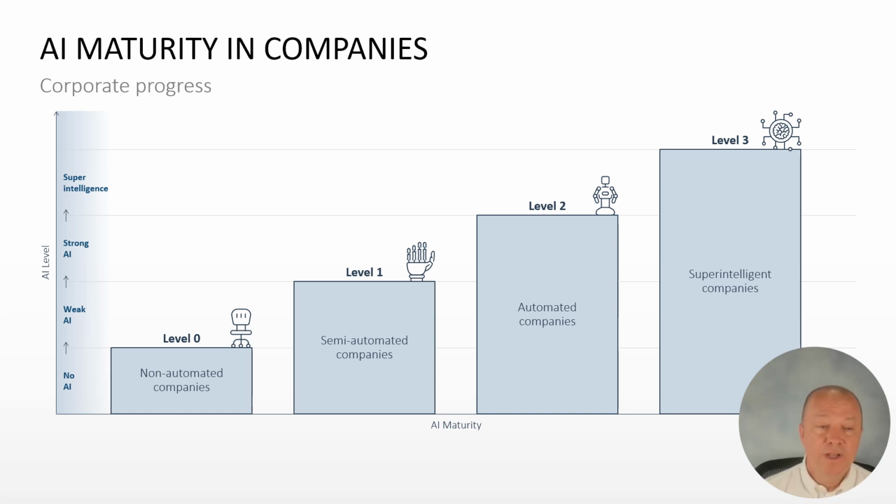We then progress to weak AI, which is where we have semi-automated companies. Progressing on to level 2 with strong AI, where we have automated companies. And then finally, we actually have AI being used to cognitively determine new information and new solutions and really new data and information with superintelligence at level 3.